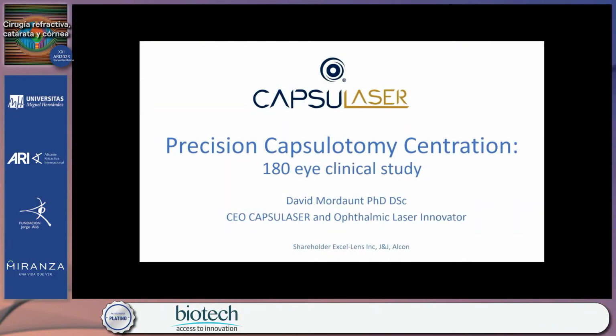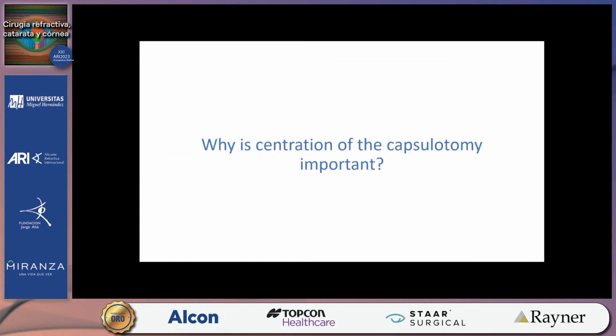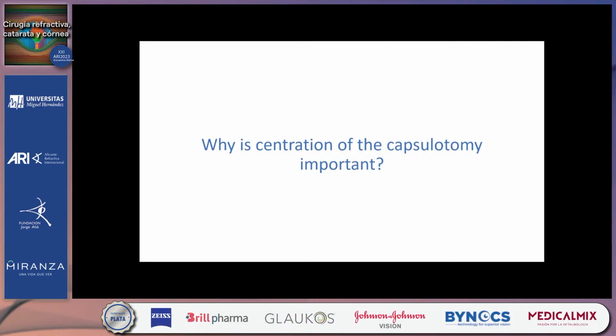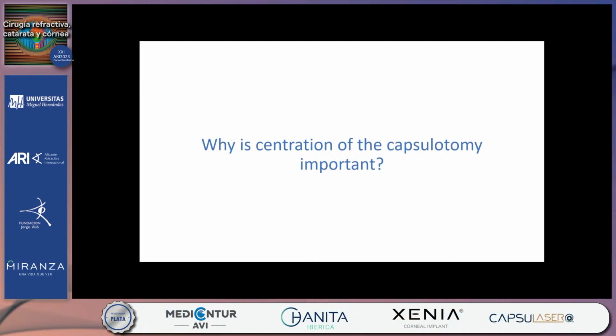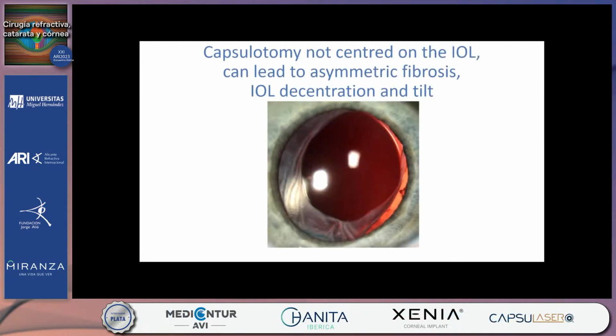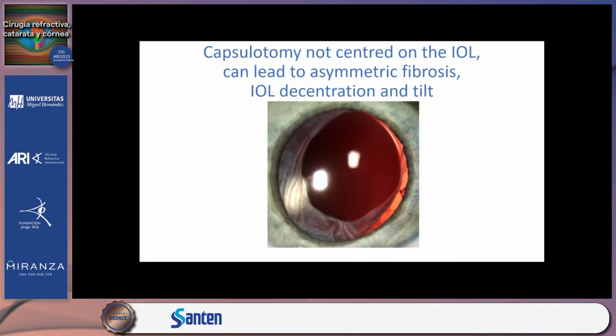Precision capsulotomy centration, 180i study. Why is centration of the capsulotomy important? I think we all realize that a nice robust capsulotomy can be a great foundation for surgery, but also for the IOL postoperatively.